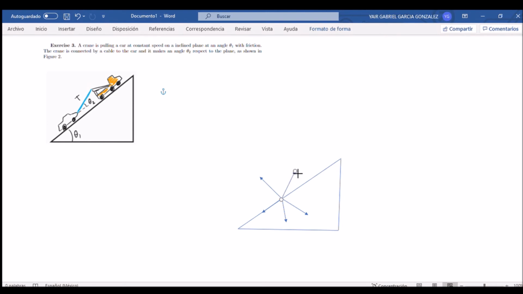Okay, now the next is the surface, and I draw in this part here the pulling force X component.